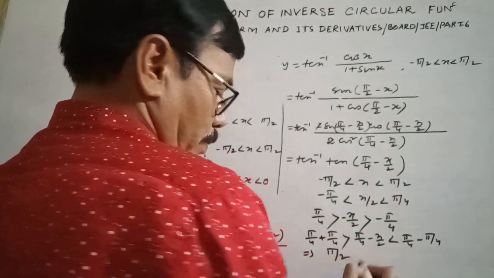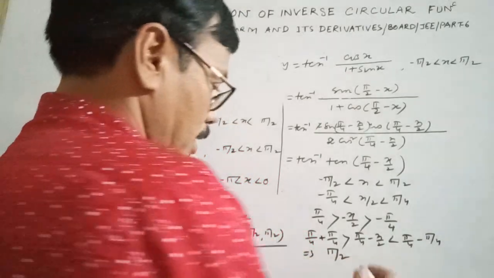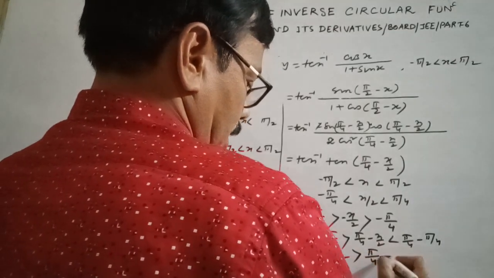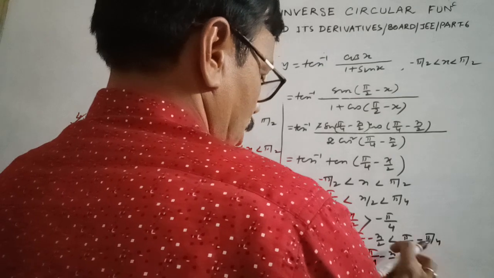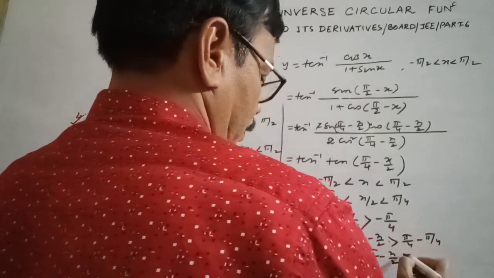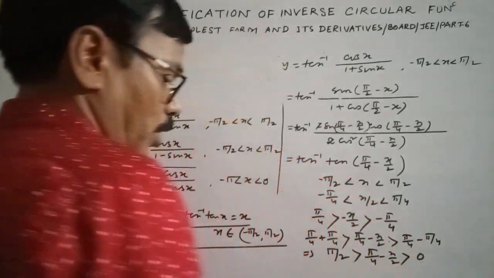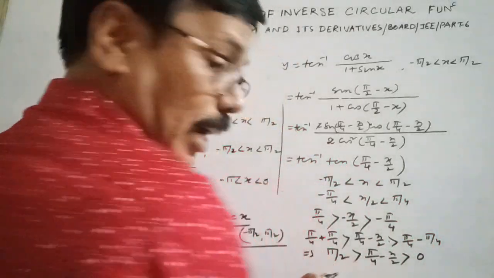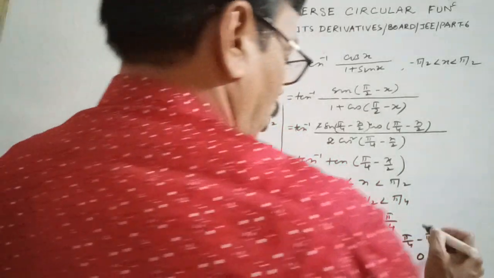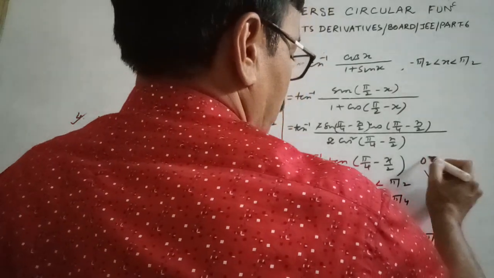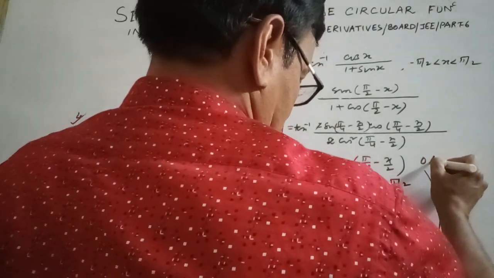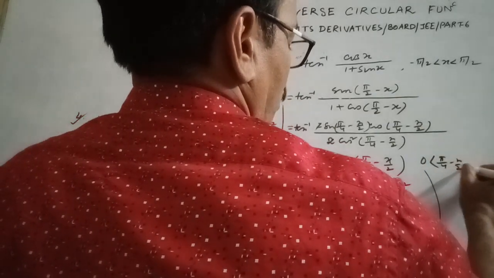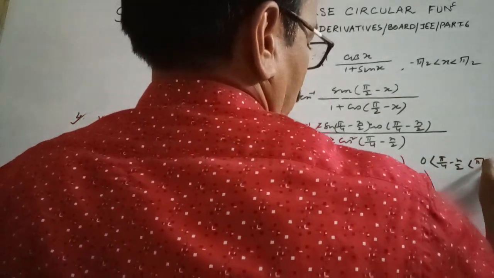Pi by 2 greater than pi by 4 minus x by 2, which is also greater than 0. Or you can write it in reverse form: 0 less than pi by 4 minus x by 2 less than pi by 2.